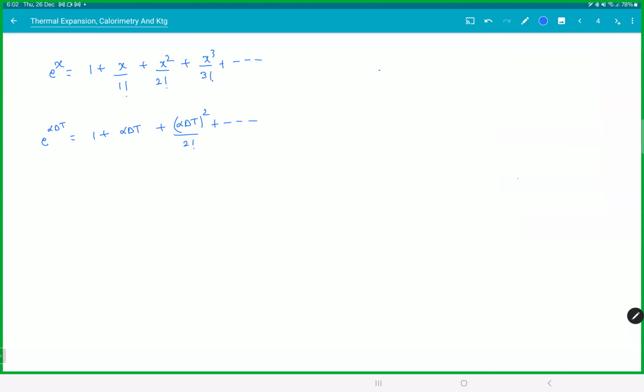Now, like I said, alpha is very small, 10 power minus 5. So if alpha delta T is much, much less than 1, then we can neglect higher power terms. (Alpha delta T) squared will be very small. If alpha delta T is 10 power minus 5, this is 10 power minus 10. Therefore, higher terms can be neglected.